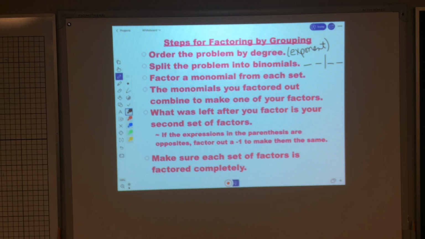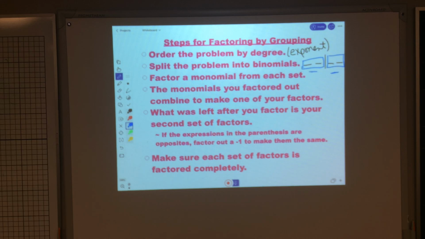Then you factor out a monomial from each set. You take the first 2 terms and divide them by a number, and you take the last 2 and divide them by a number, or a monomial. The monomials you factor out make one of your factors, and what's left over is your second set of factors.